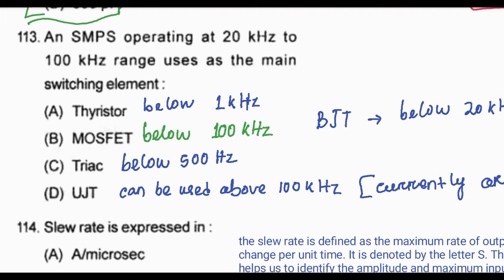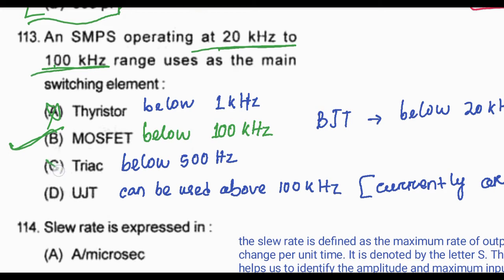Suppose the first option is thyristor, and generally thyristor is used below 1 kilohertz. So this is not the answer. Next one is Mosfet. Mosfet is used for below 100 kilohertz. So this is one thing preferable. Next one is triac. Triac is used for below 500 hertz, and it is given that 20 kilohertz to 100 kilohertz.